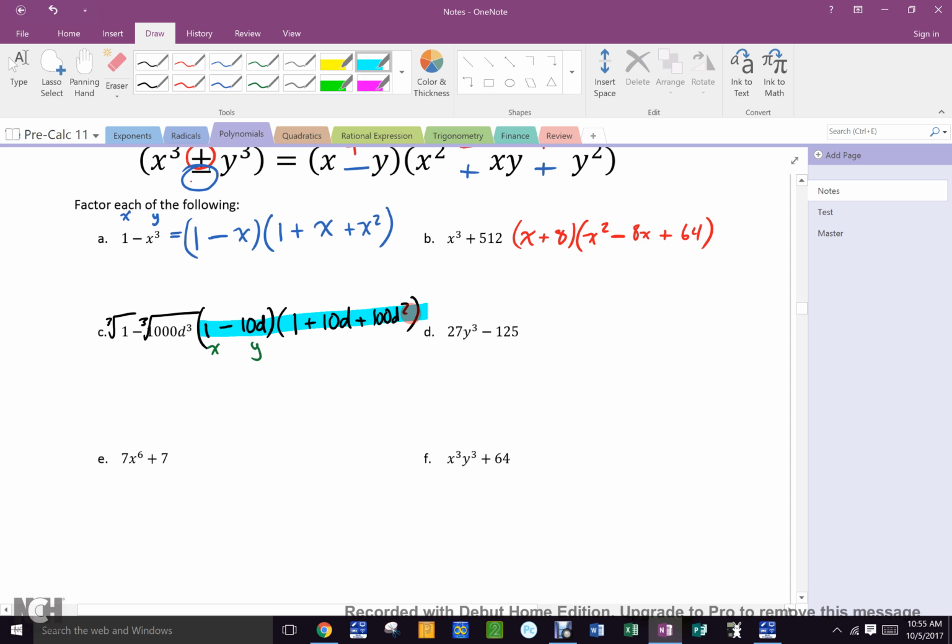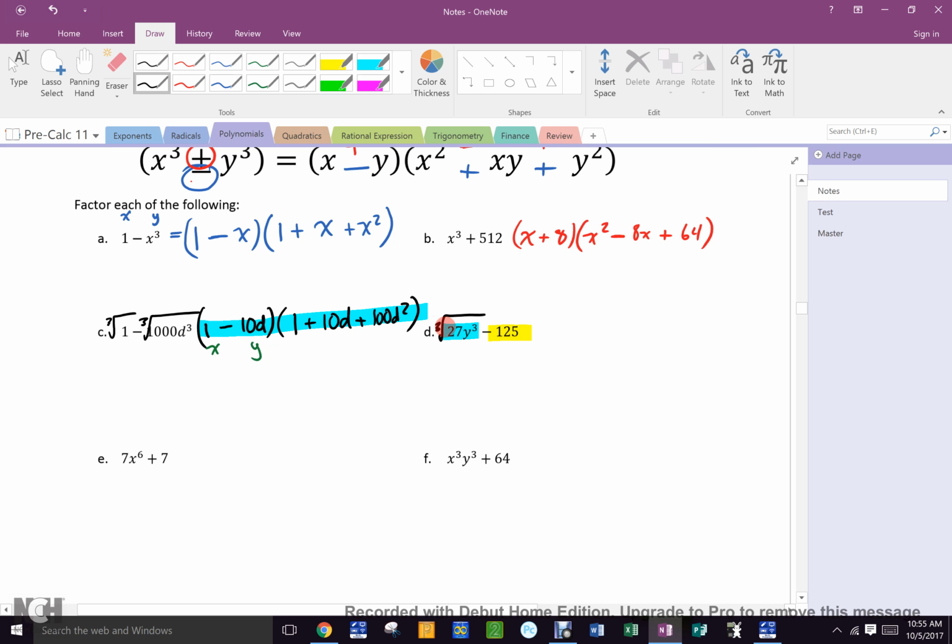Excellent. Now, is D different in concept or method? Or is it only different in looks? It's different in looks. Is this a cube root? Or a cube, I mean. Yes. Is this a cube? So can we do these? Sure we can. I take the cube root of the first one.